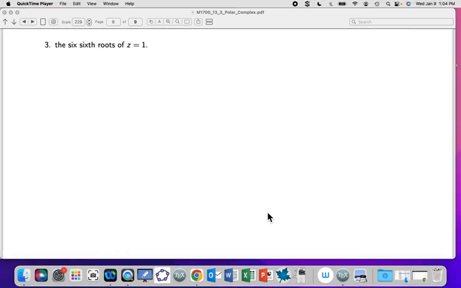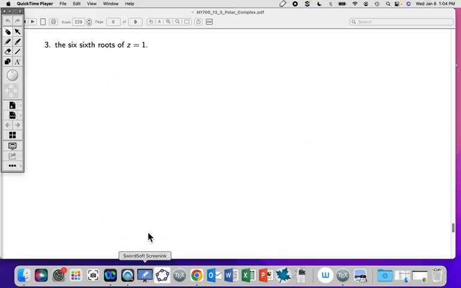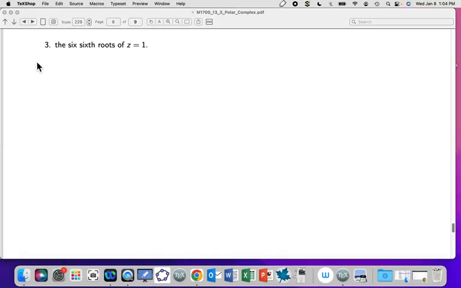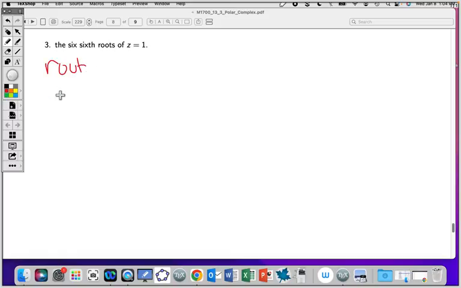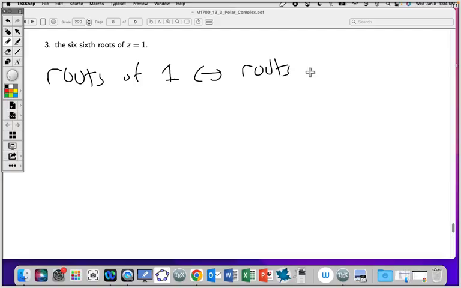The last example I want to talk about here is finding the sixth roots of z equals 1. Now, the roots of 1 are also called the roots of unity. And they have a lot of nice properties that we'll talk a little bit about.